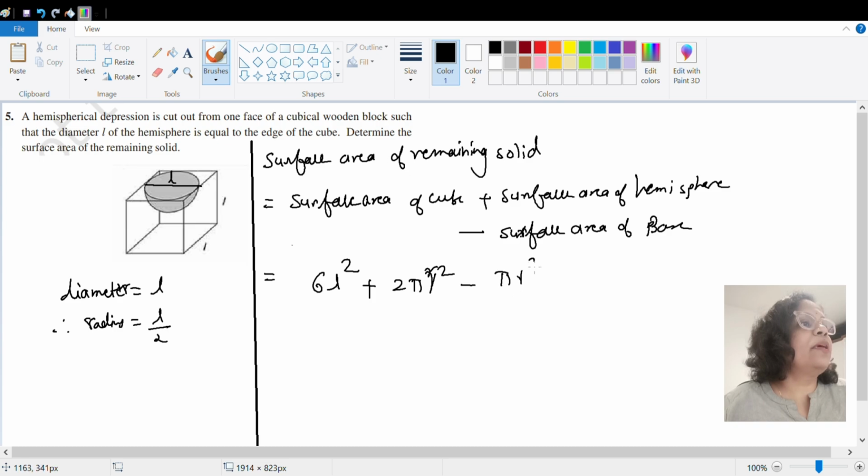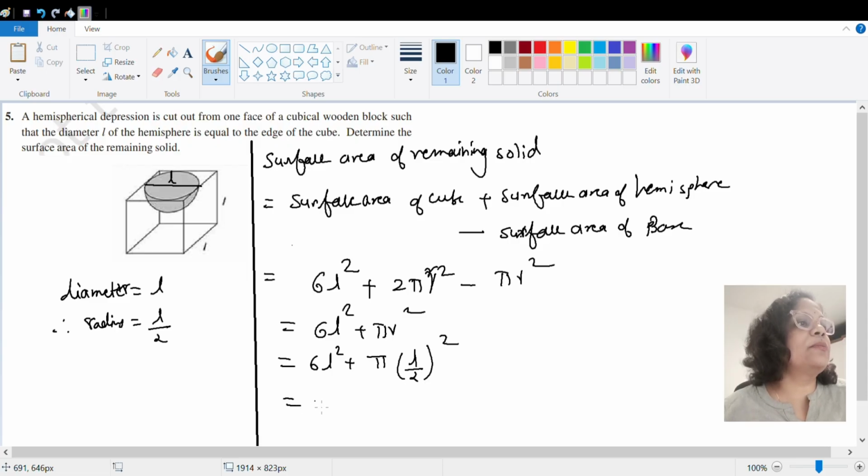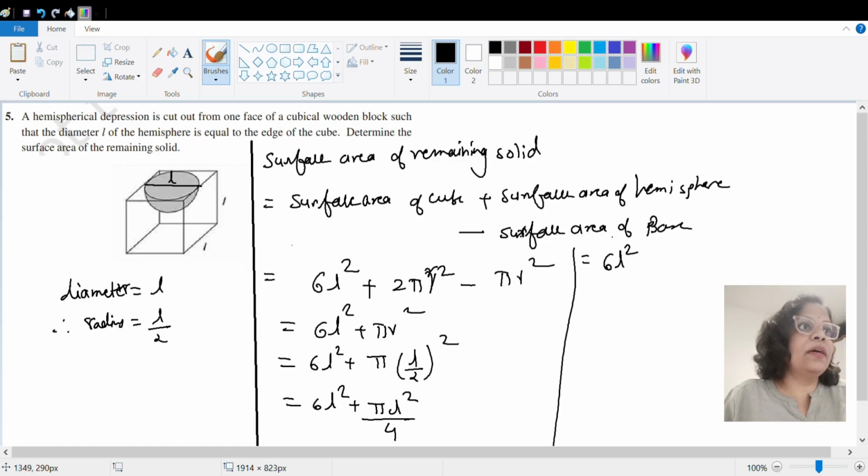So that remains 6L square plus pi r square. We know that r is nothing but L by 2, that we will substitute here, the whole square. This becomes 6L square plus pi L square by 4, right? So if you calculate here, you will do the LCM thing here.